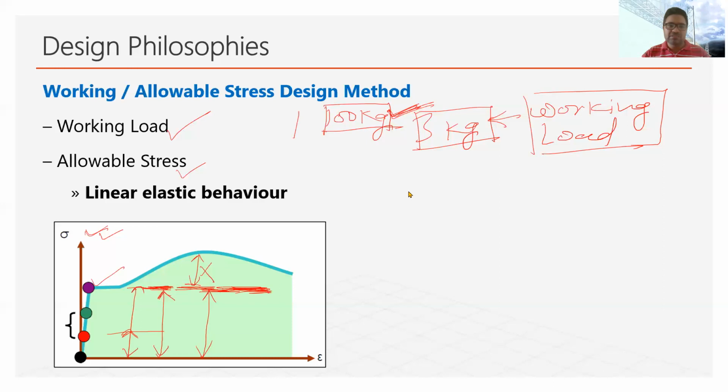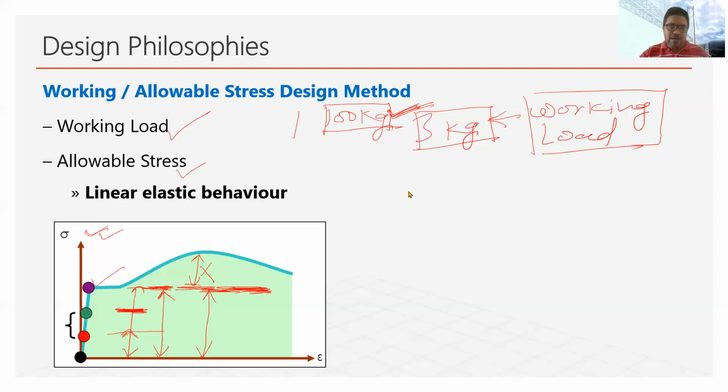And this green, we can say, is the maximum allowable stress, which means we can allow this much load on this steel, and up to this load steel will not fail. But if steel goes beyond this load, then there is something we have to worry about.